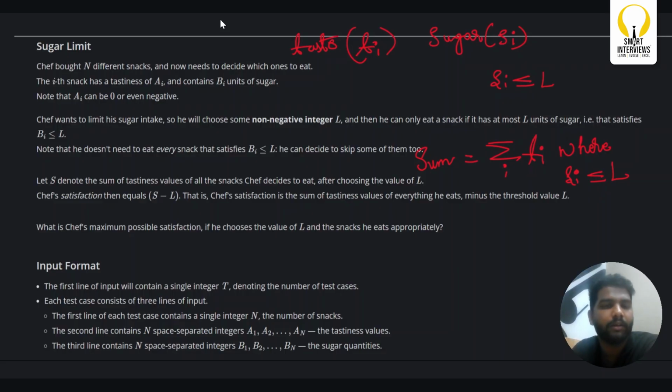Right. Now the satisfaction of the chef is equivalent to S minus L. So when he eats some snacks, the satisfaction level, which is our answer, is sum minus L, right?